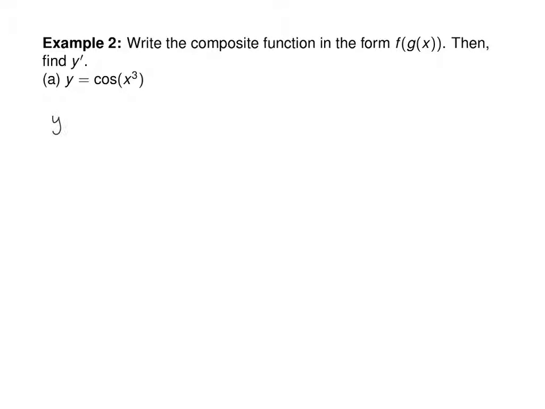So y prime will be, what's the derivative of just the cosine? Negative sine. And the inside function remains unchanged, multiplied by the inside function's derivative, which is 3x squared. Great. So this is negative 3x squared sine of x cubed.